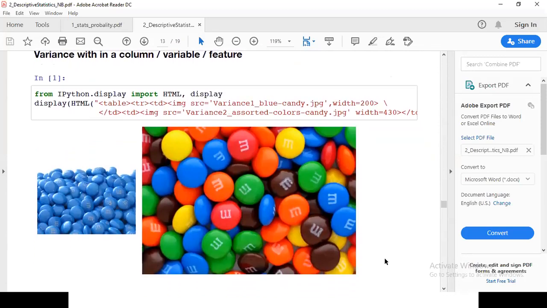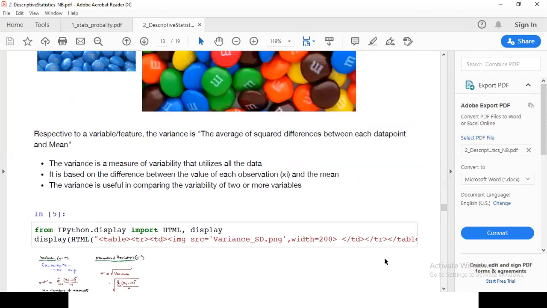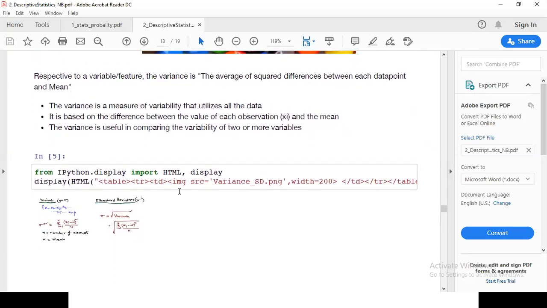I think from this picture you also got which has higher variance and which has lesser variance. The blue gems have no variance, equal to 0, since everyone got the same marks. The other gems, with different colors, have some variance, some difference.